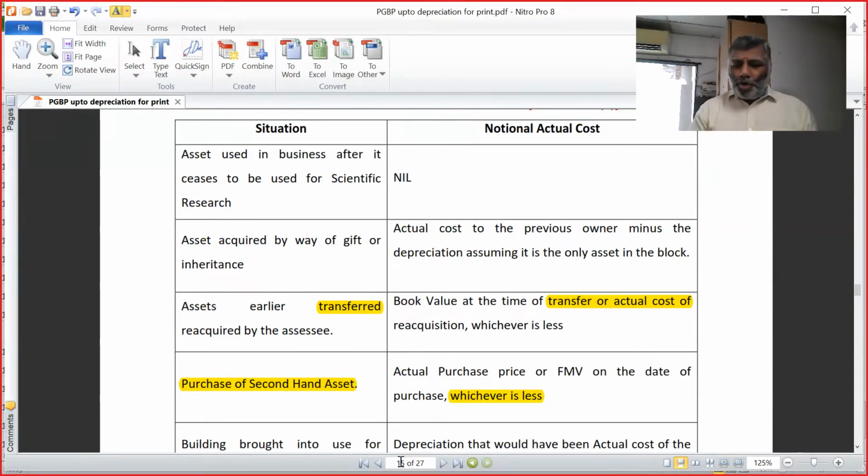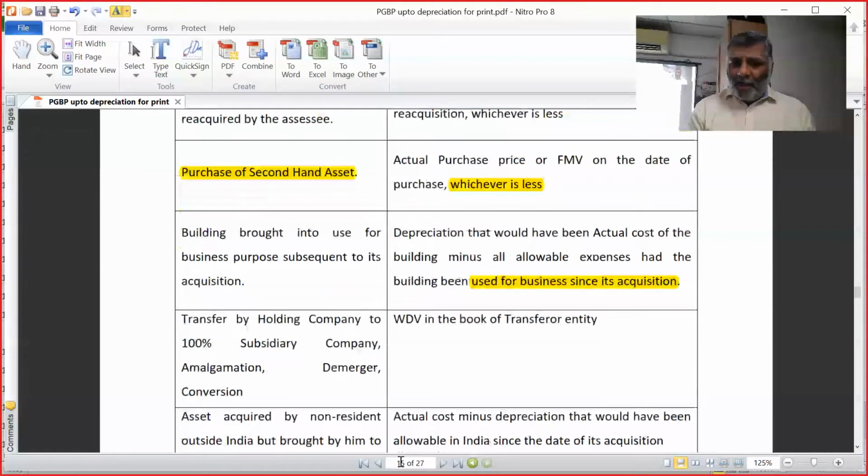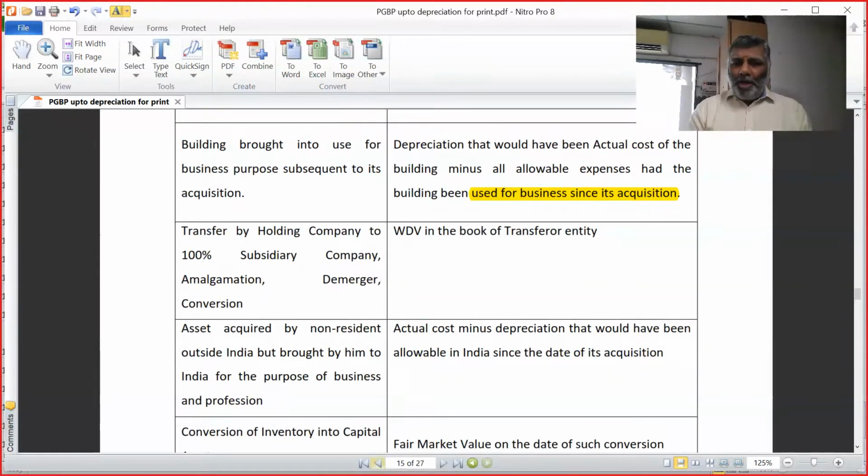The value to be recorded, okay, in transfer by holding to 100% subsidiary, amalgamation, demerger, is the value prevailing in the books of transferor. Transferee entity can record only the price prevailing in the books of transferor.